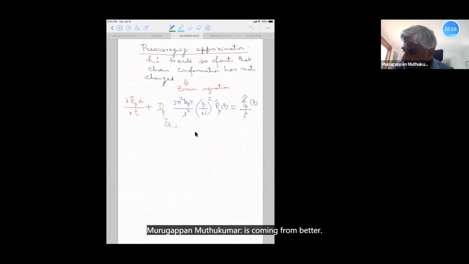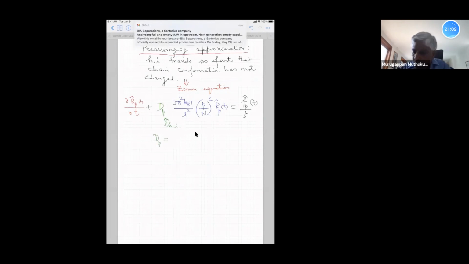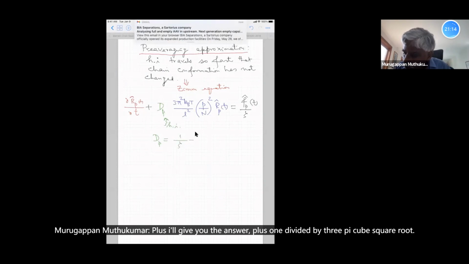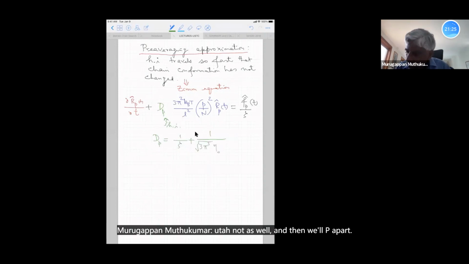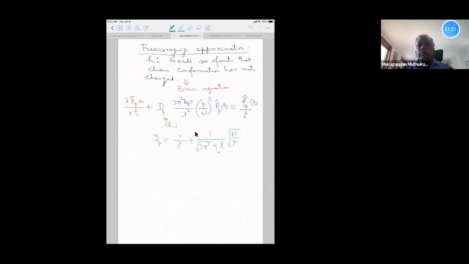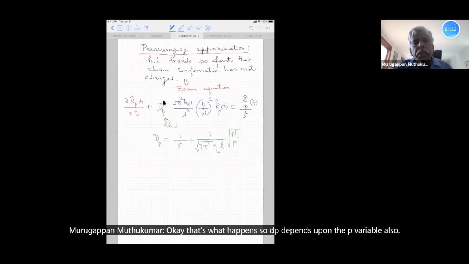And what is dP? dP is equal to 1 divided by zeta plus, I'll give you the answer, 1 divided by 3 pi cubed square root eta naught L, and then N over P to the power half. So dP depends upon the P variable also.